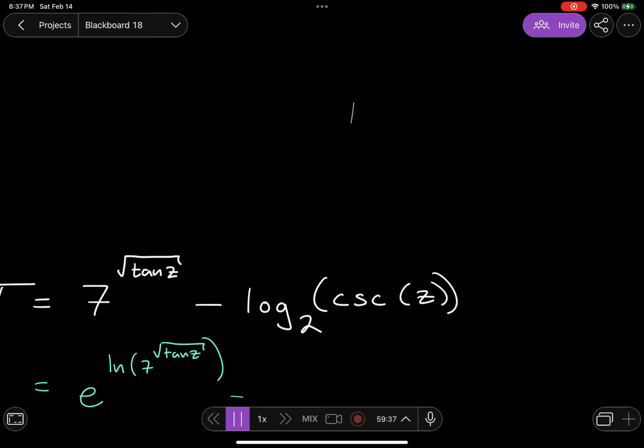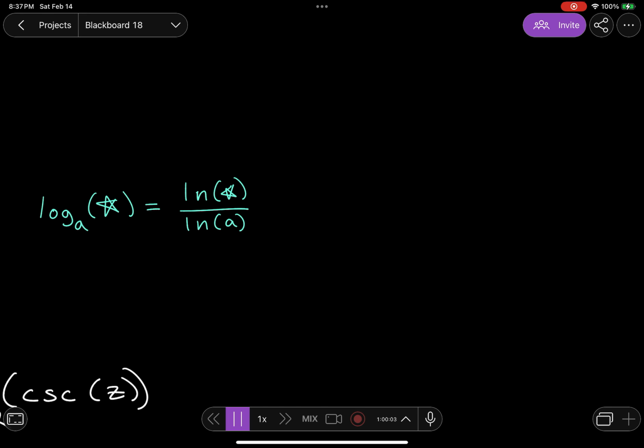The log base A of anything can be rewritten as the natural log of that thing divided by the natural log of A. Yeah, that's right. Let's see if I can prove this right quick. I don't want this to go on too long.